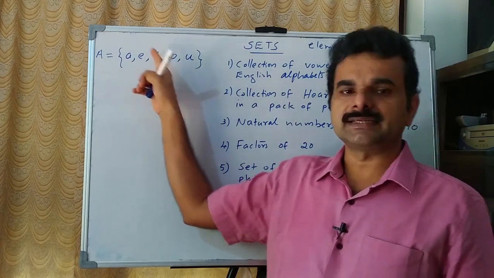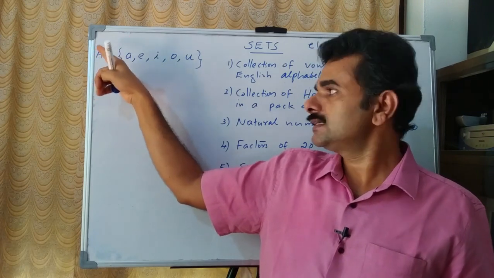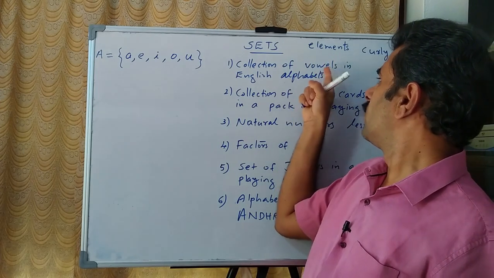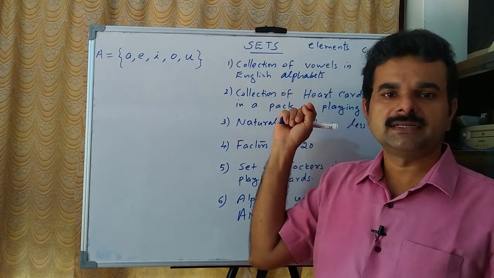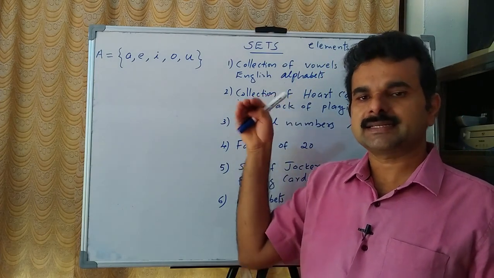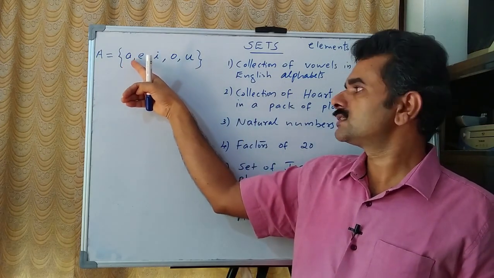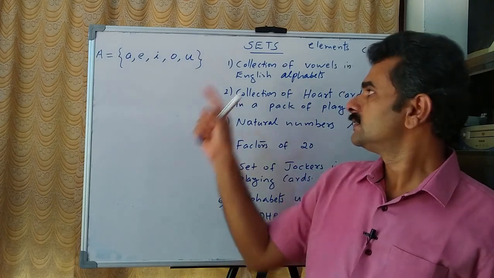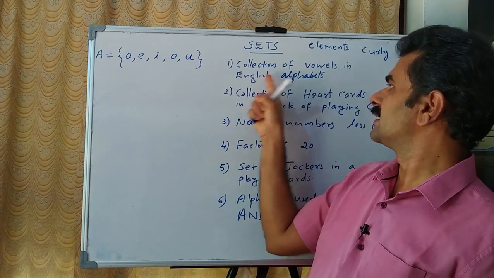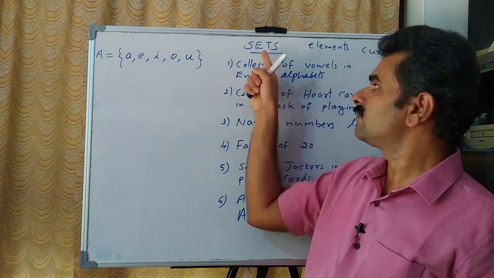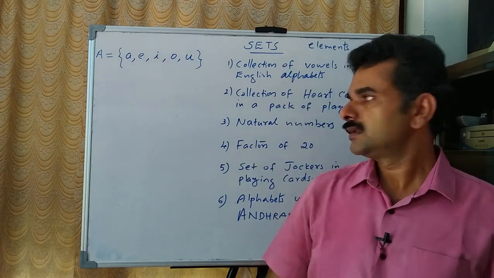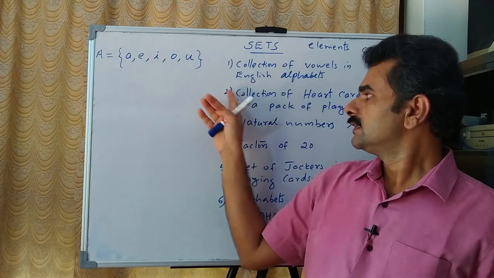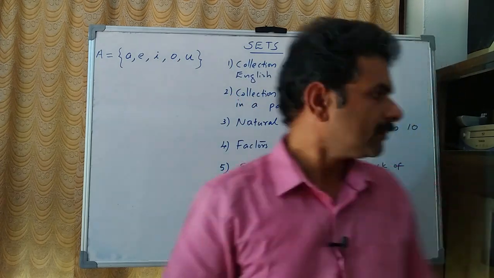And it is named by an English alphabet, capital A or B or C. So collection of vowels in English alphabet means a set capital A whose elements are A, E, I, O, U. Isn't it? So a collection of vowels in English alphabet is an example for a set. Capital A is equal to A, E, I, O, U. So clear? Then see second example.